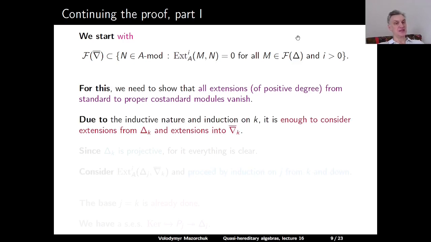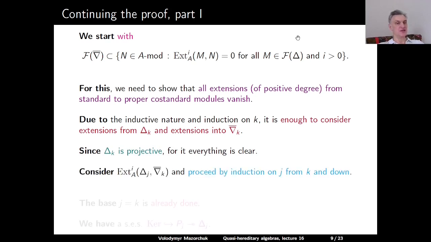And because we just discussed the inductive nature of the definition of stratified algebras, it is enough to consider extensions from the standard module delta_k to costandard modules, or from standard modules to the proper costandard module nabla overlined_k. The module delta_k is projective, so for it everything is clear.